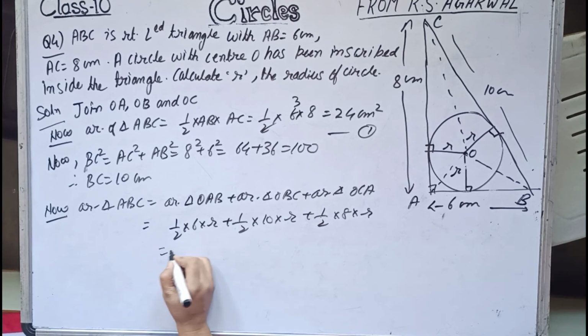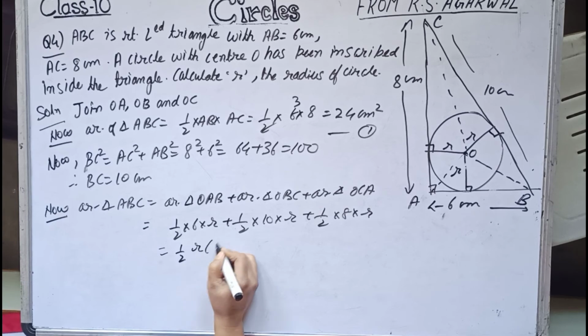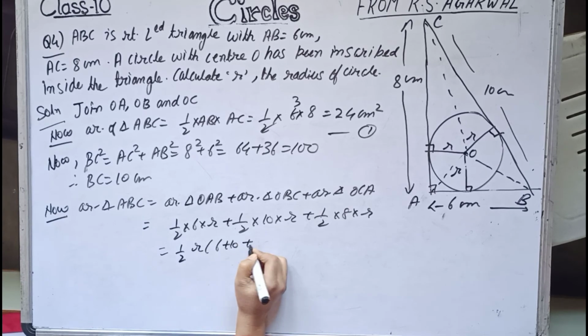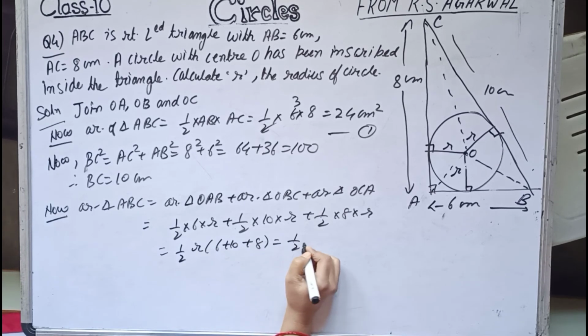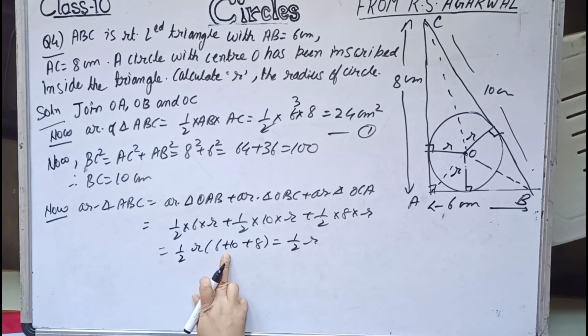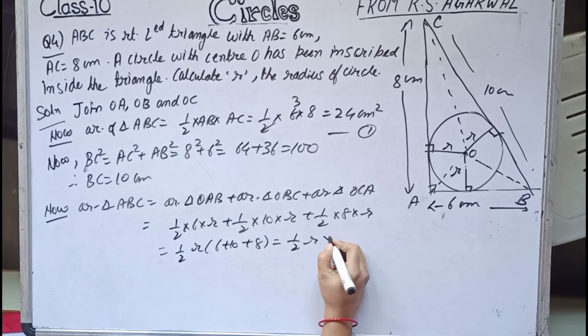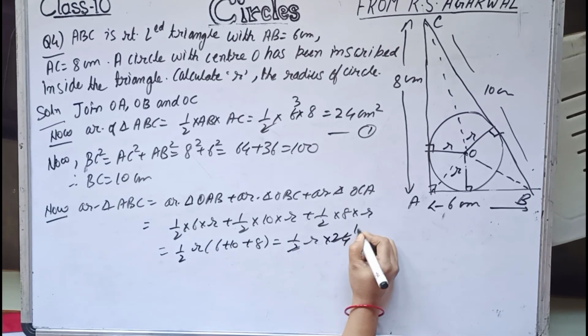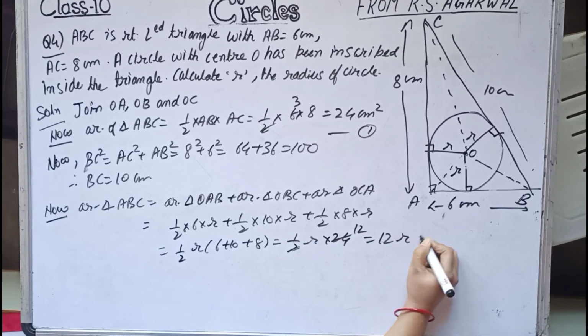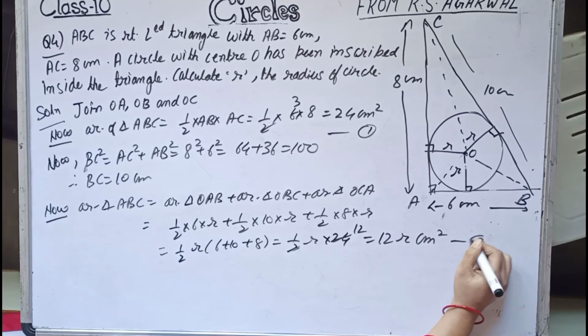So over here it will be equals to half R into (6 plus 10 plus 8) equals to half R into 24. So this will be equals to 12 R centimeter square.